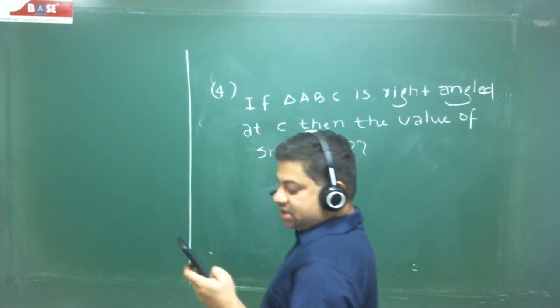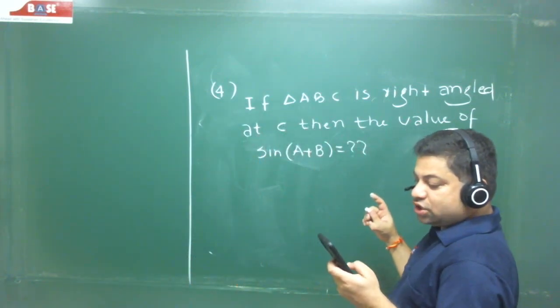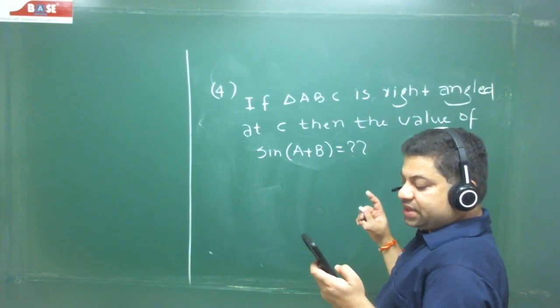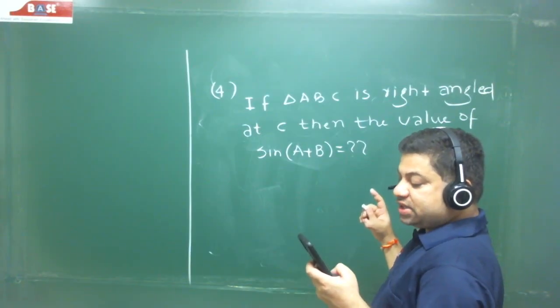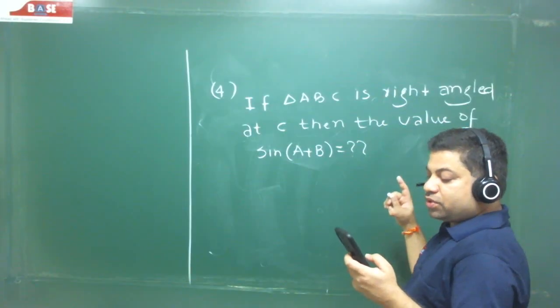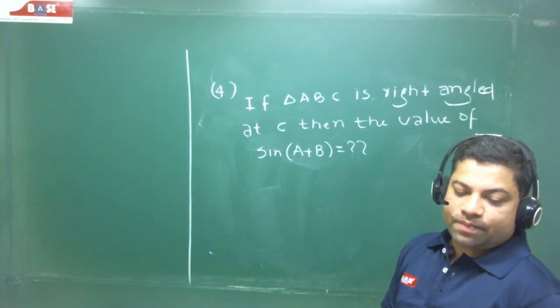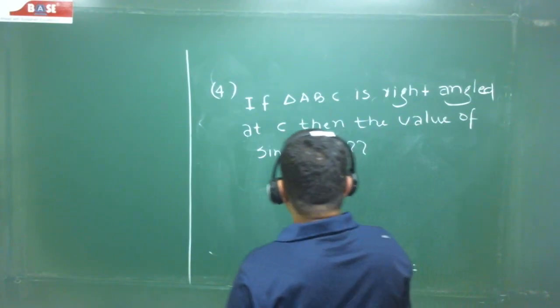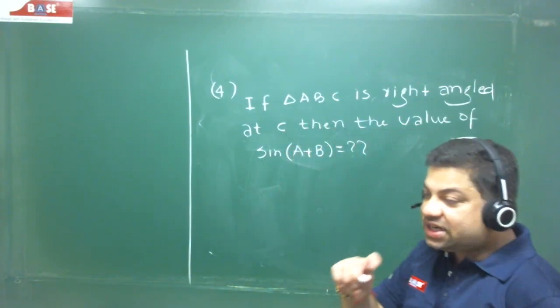So basically this type of question we call a numerical type of question, where they will not provide the options. Fine. So now again we are supposed to find the value of sine (A plus B).